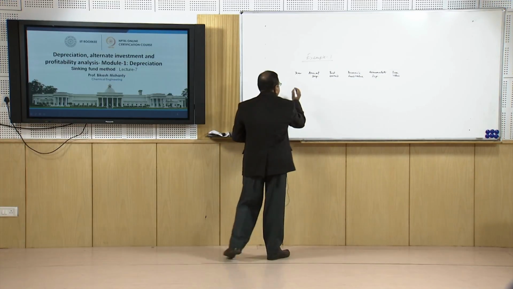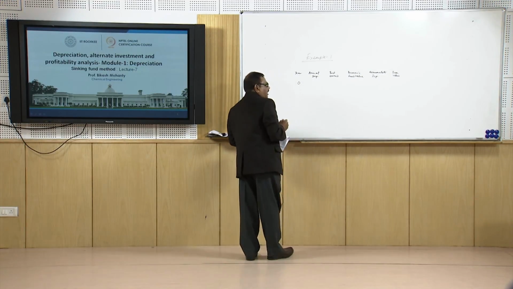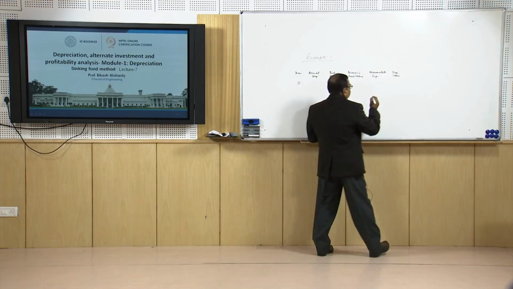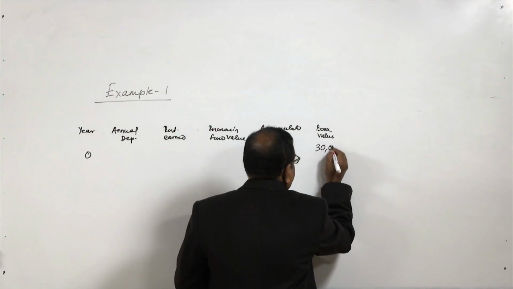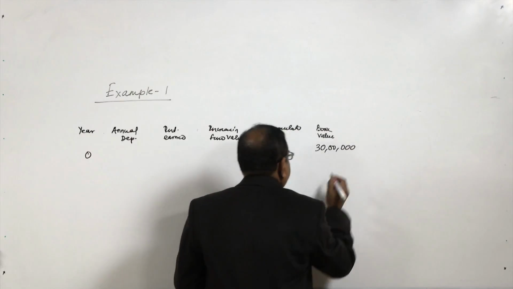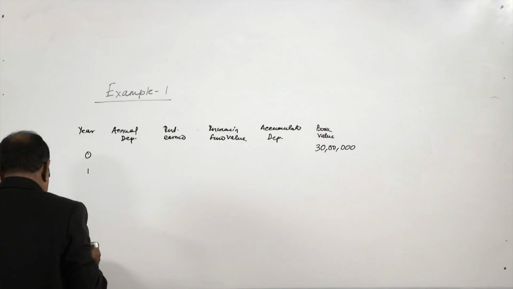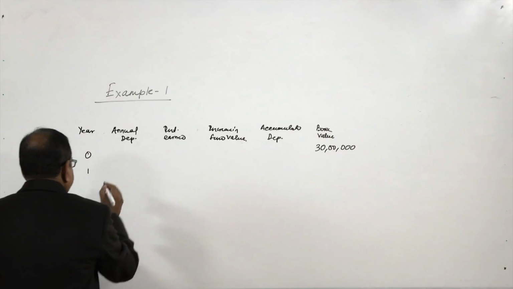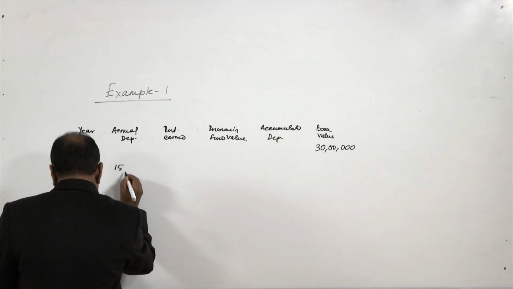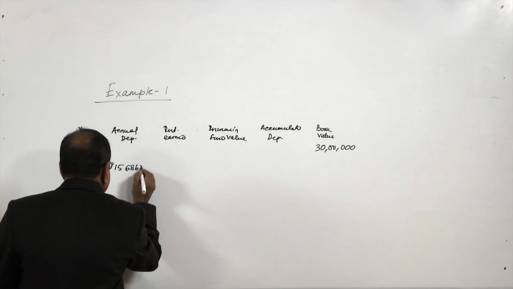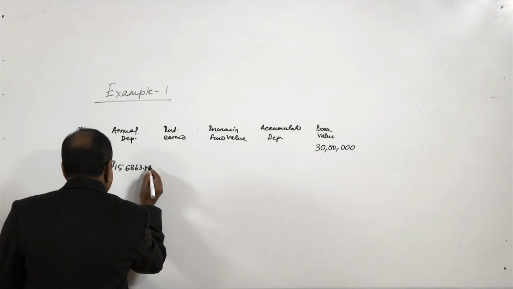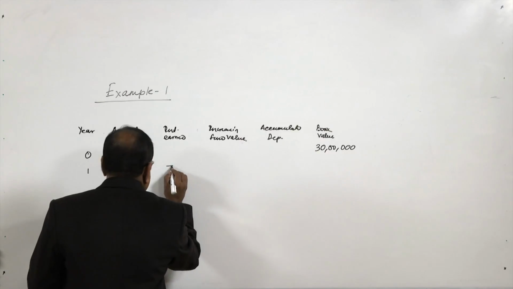Now, in the year 0, at the start of the first year, the book value is 30 lakh. In the first year, at the end of the first year, the depreciation charge is 156,863.48. There will be no interest earned.